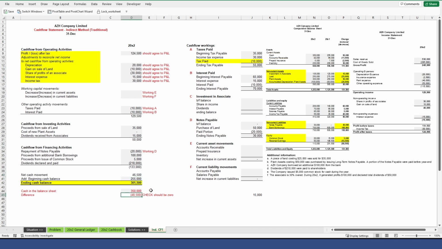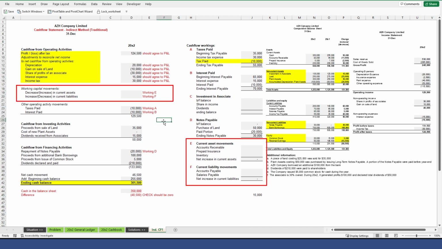Right now, I'm seeing that we are missing 48,500. But the good news is, we haven't actually inputted the working capital movements. This is normally the last thing that I input because this is going to be the net effect of all of the other items that you have not yet considered in the cash flows.